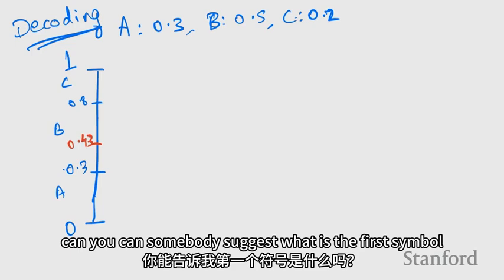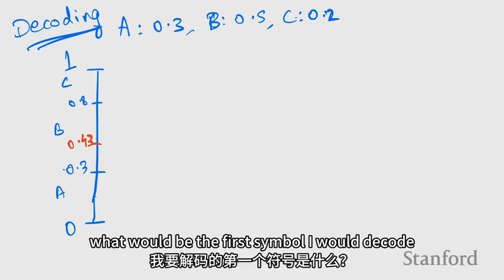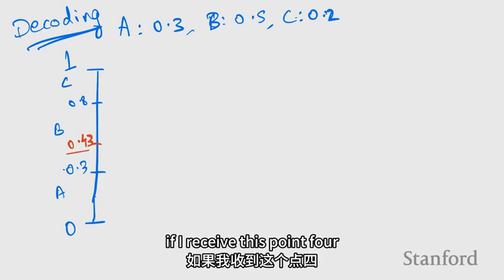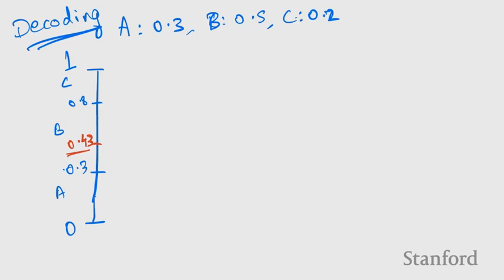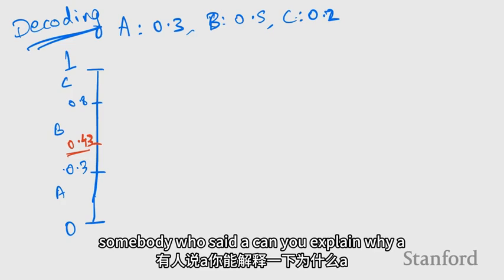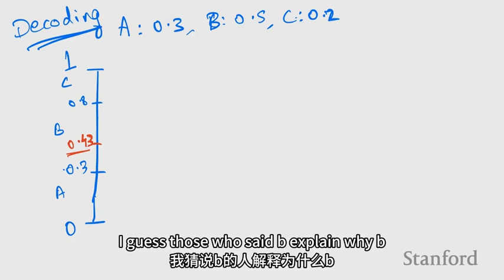Okay, can somebody suggest what is the first symbol? So I'm now decoding. I don't know what I encoded. What would be the first symbol I would decode if I received this 0.43 as my encoding? I heard an A. Can somebody who said A, can you explain why A? I guess those who said B, explain why B.